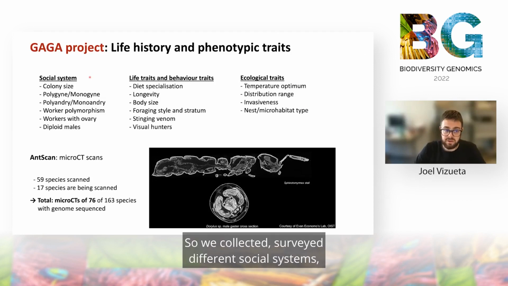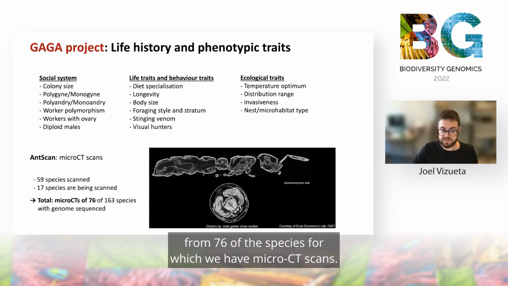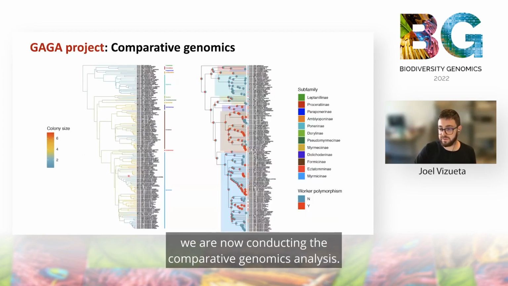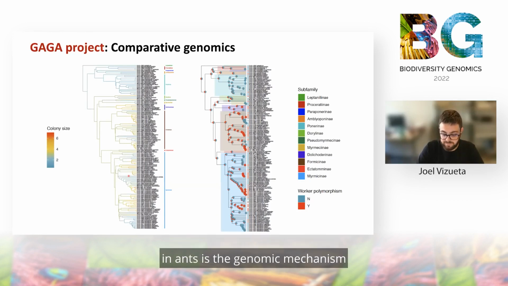So we surveyed different social system traits and ecological traits across our species, and we also have morphological data from 76 of the species for which we have micro-CT scans. With all this together, we are now conducting the comparative genomics analysis. One of the most important and interesting questions is the genomic mechanism underpinning social complexity.